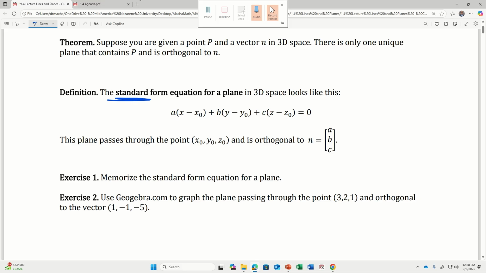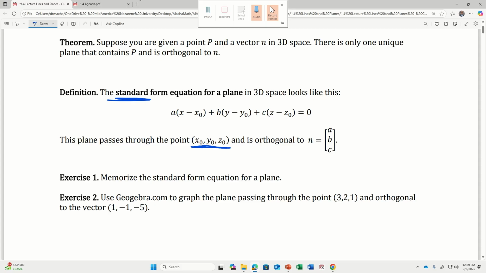X, y, and z are variables. X naught, y naught, z naught is a coordinate triple that describes the point in space that we're talking about. And a, b, c are the entries of the vector that's orthogonal to your plane.